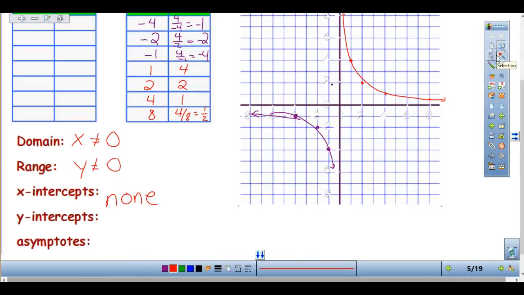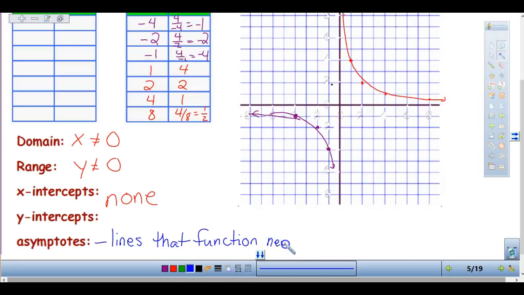Asymptotes are the lines that the functions never cross. It's probably a formal definition of that word. Okay. It's any line where your function can't cross or touch.